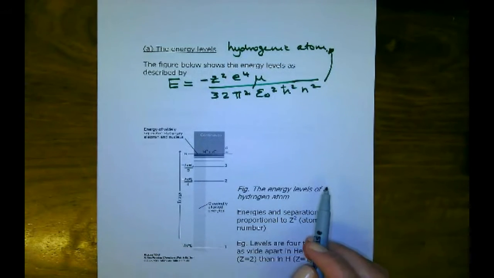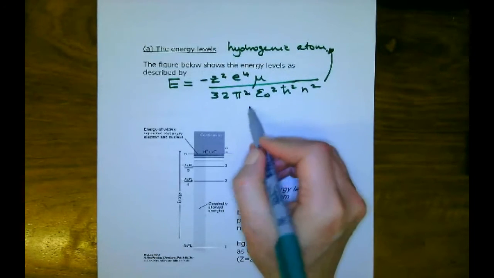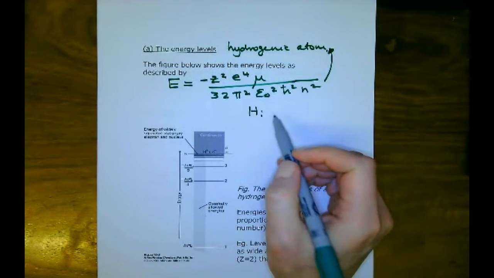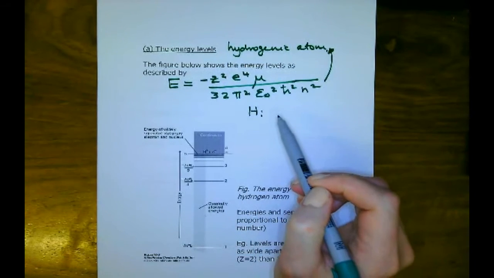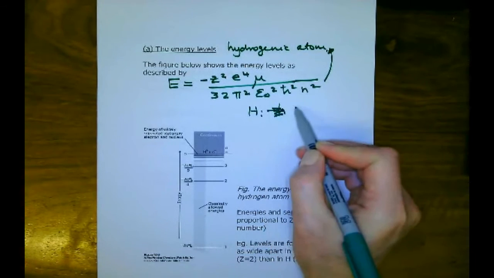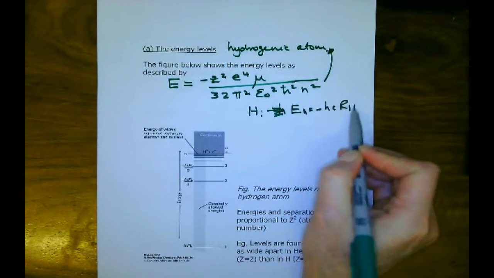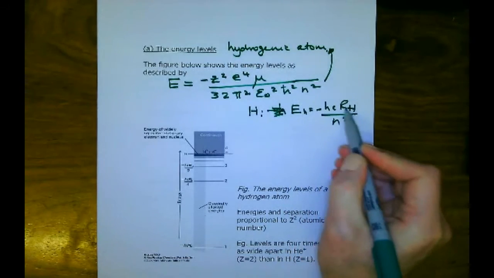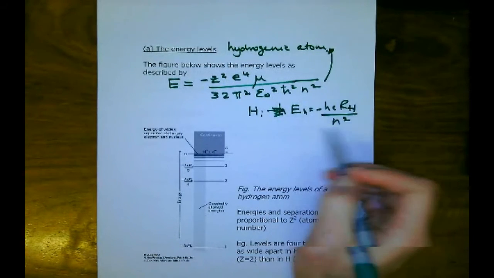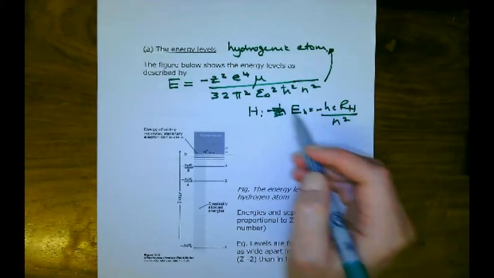If we now replace some of the variables for hydrogen, for example Z and mu, the expression looks like this, where RH is the Rydberg constant. So this is only for hydrogen, not for any hydrogenic atom. Don't confuse the two.